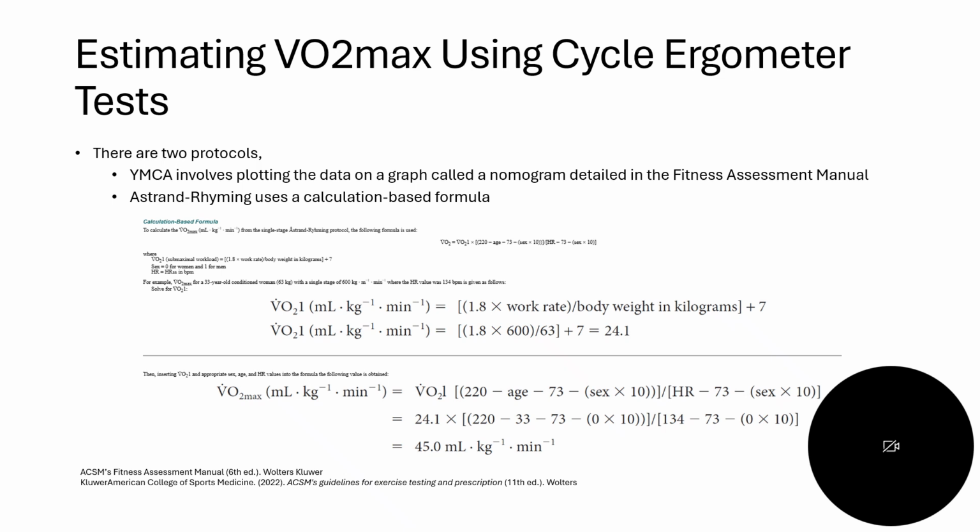You would draw a line of best fit through these points and extend it up to your age predicted maximum heart rate, the 220 minus the age. And then you would drop a perpendicular line down from this point at the intersection to reach your estimated workload at maximum heart rate. And then you would plug this into the metabolic equation to arrive at your VO2 max.